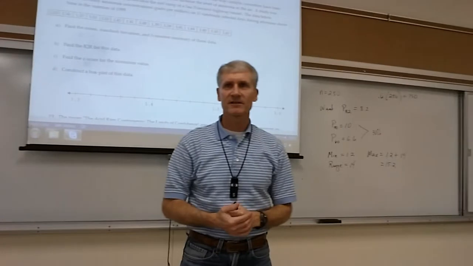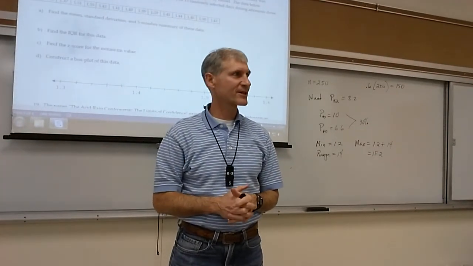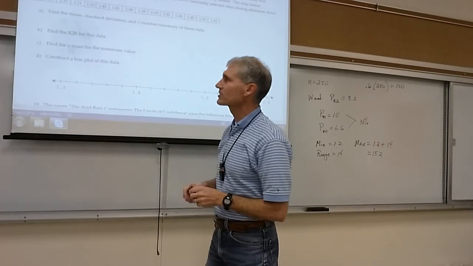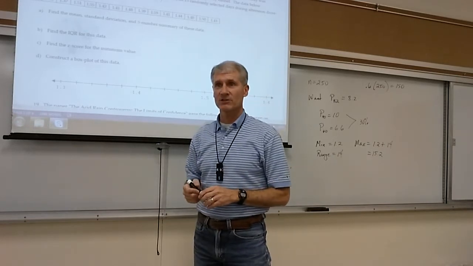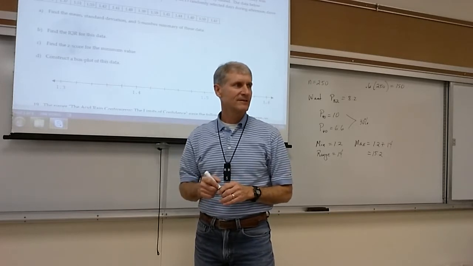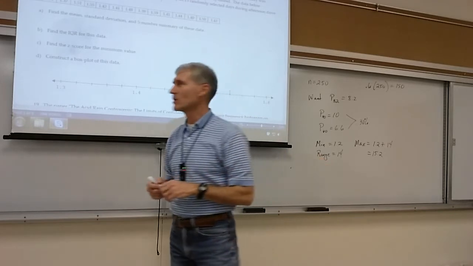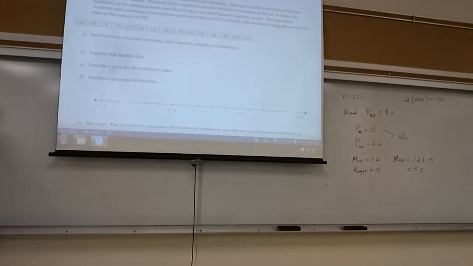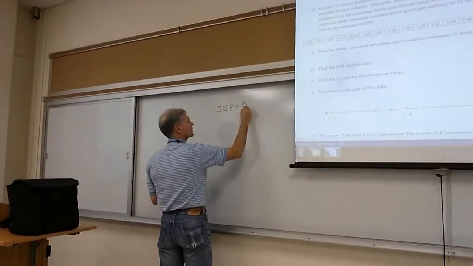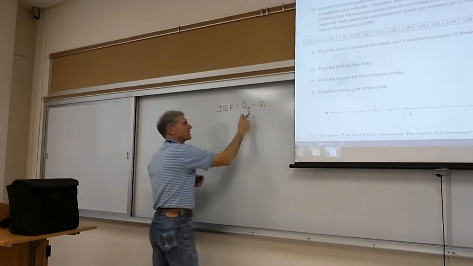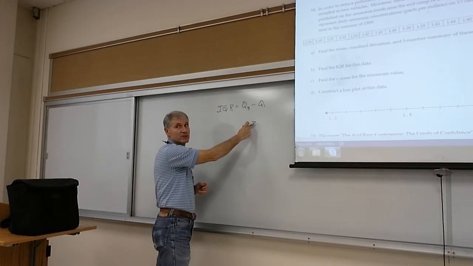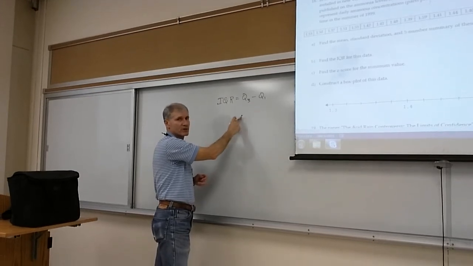What's your strategy there? Put it in your calculator. I should know what the IQR was. IQR stands for interquartile range. Tell us what that is, somebody. Q3 minus Q1. Remember, there are 3 quartiles: the first quartile, the second quartile, which is also the median, and the third quartile.